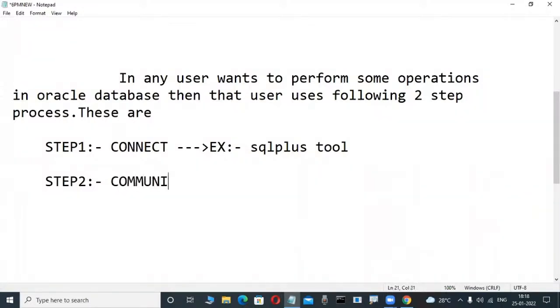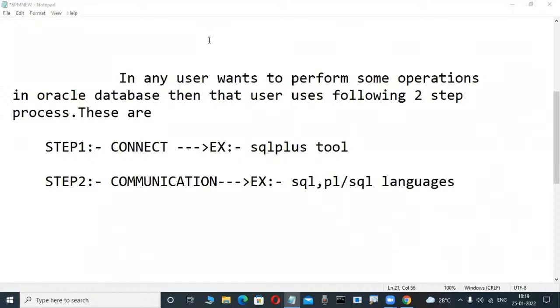Step two: communication. Communication means, for example, SQL and PL/SQL languages. Some languages are there.